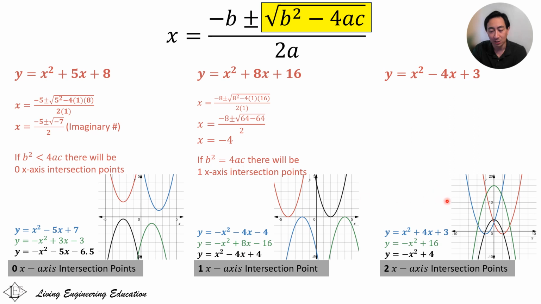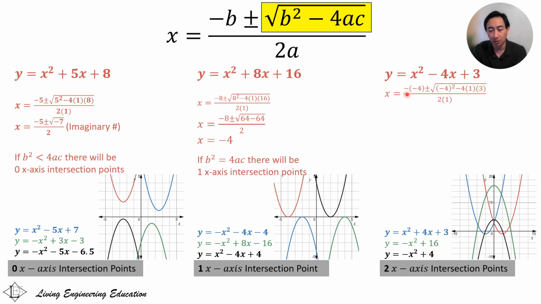All right, and then the last one, which we looked at in the last video, here we have 2 points of intersection. So when we apply this quadratic formula, we should see that b squared minus 4ac is not less than 0, and it's not equal to 0, but it will be greater than 0. So b squared will be greater than 4ac. We can look at that from this example problem. x squared minus 4x plus 3, so a equals 1, b equals negative 4, and c equals 3.